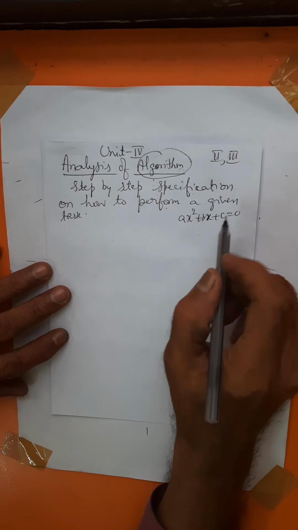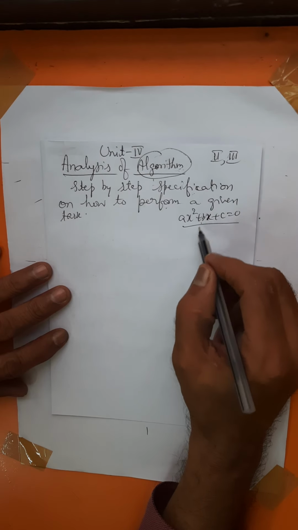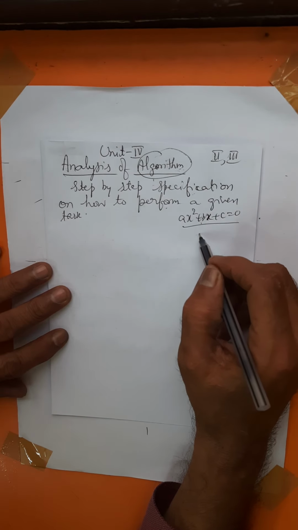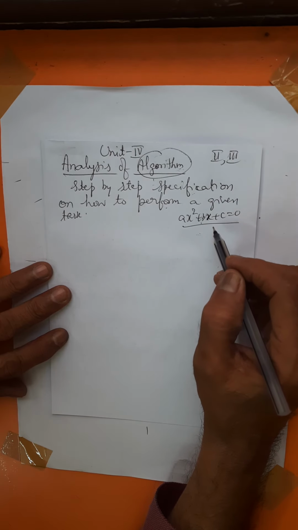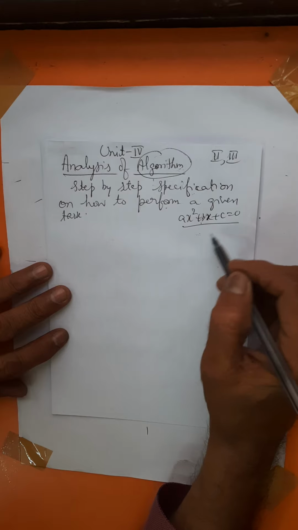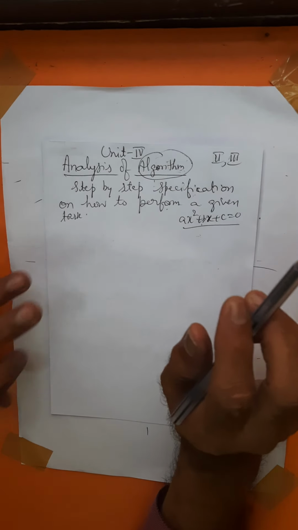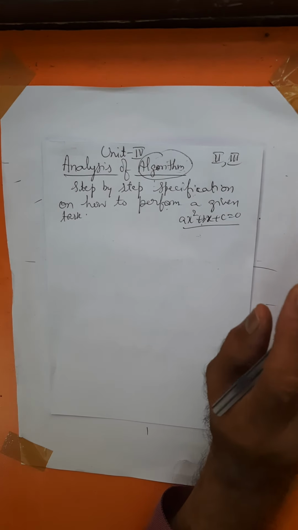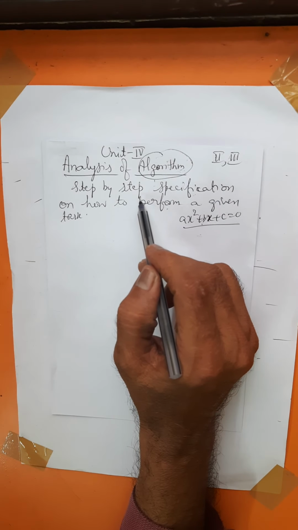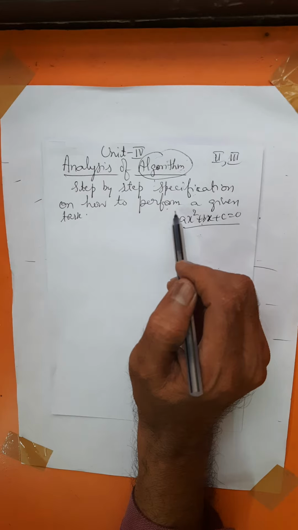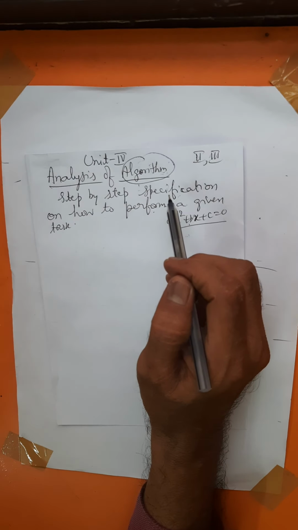What are the steps involved in getting the roots of this equation? The steps involved in performing a given task, that is called an algorithm. An algorithm is a step-by-step specification on how to perform a given task.